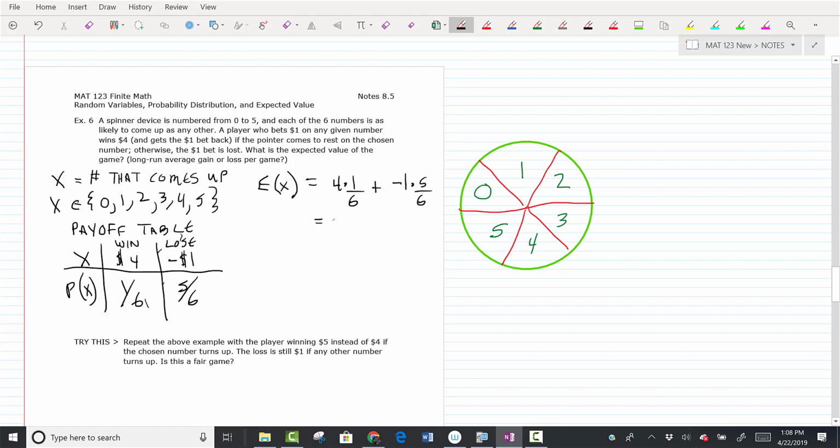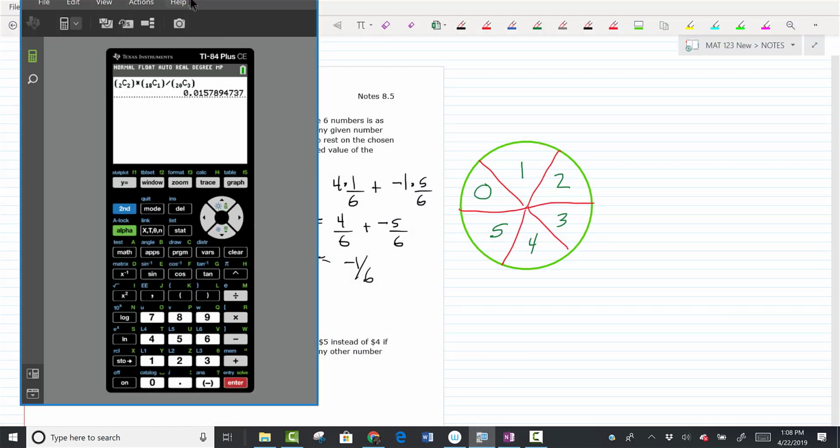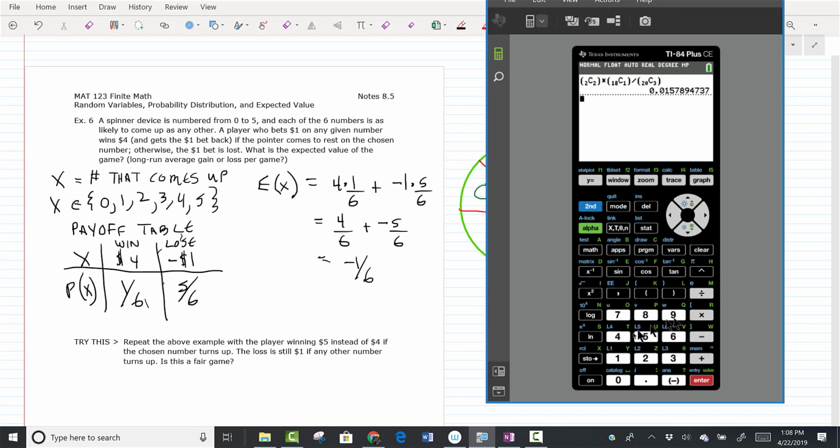If you crunch this out, that goes straight across, that would be 4/6 plus -5 out of 6, which is just -1/6. If you put that in the calculator, I think that would give you around 17 cents. So I'm just going to go -1 divided by 6. My expected value ends up being negative. In terms of money, that's about 17 cents.